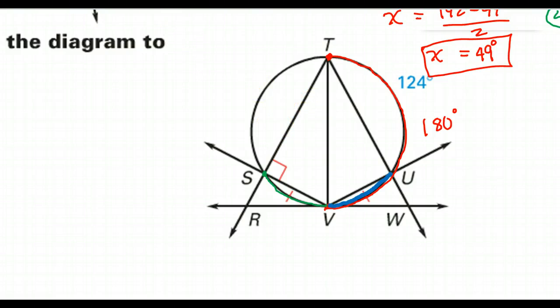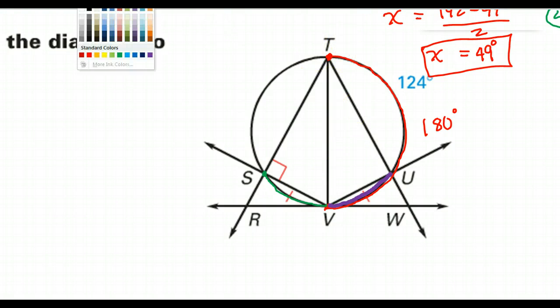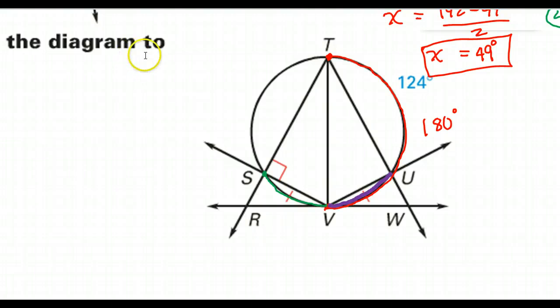You know what? I want to make that a different color. All right, I decided to go with purple. So if we know this purple part, that'll be the same as SV, which is what we're trying to find. They're marked the same. That's how I know that. The reason why I didn't want to use blue before is because I wanted to save blue for right now.